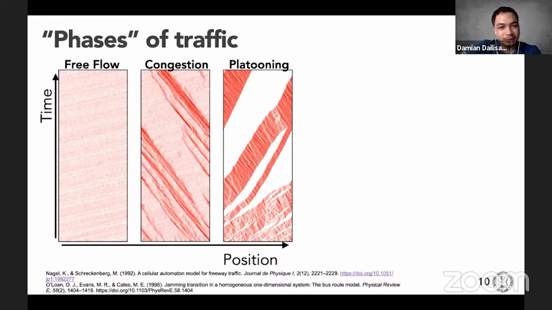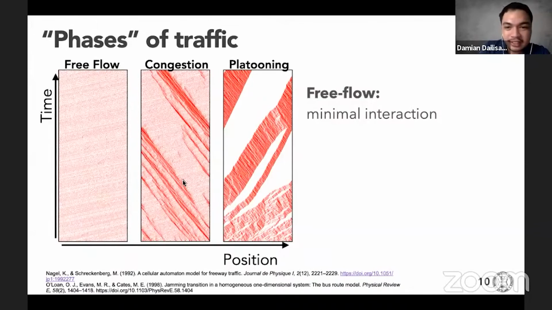So with this model, you could observe 3 phases of traffic depending on the parameter values that you set for the model. So you can have the free flow phase. And in the free flow phase, which is on the left, you can see that all vehicles are moving at their maximum speeds. There is minimal interaction between vehicles. There's almost uniform spacing between all of these vehicles.